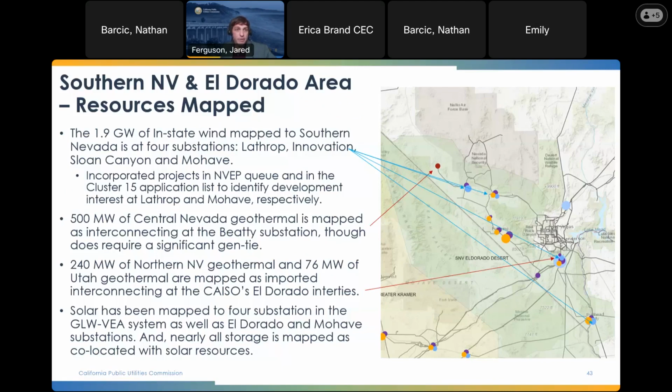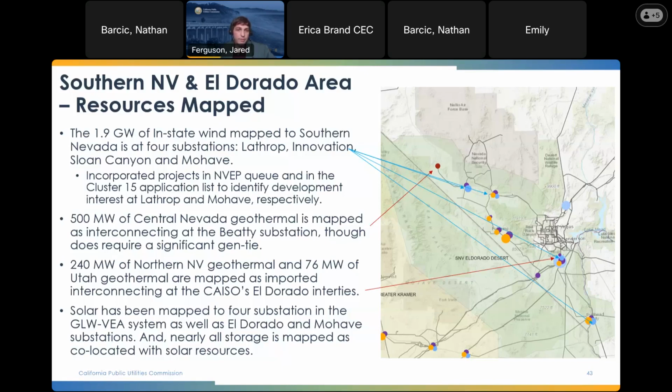We also have 500 megawatts of Central Nevada geothermal, mapped as interconnecting to the Beatty substation within the ISO system, but do note that this resource would require a long, significant gen tie to interconnect.